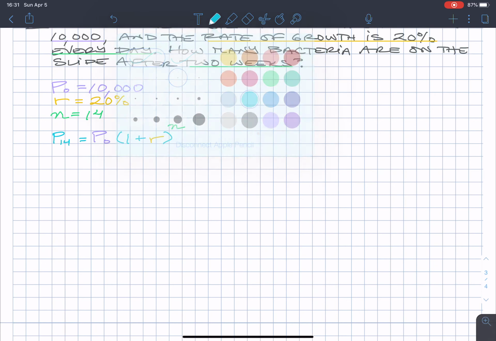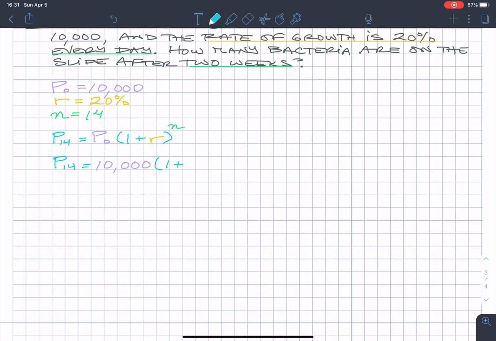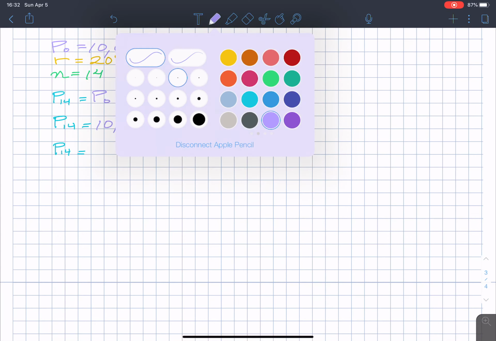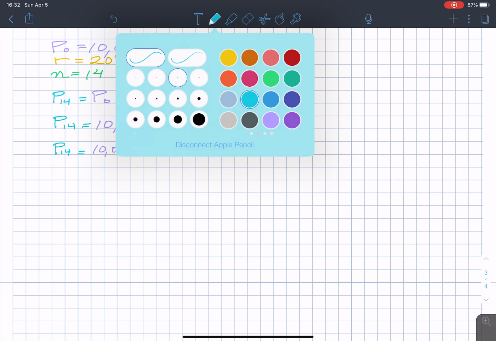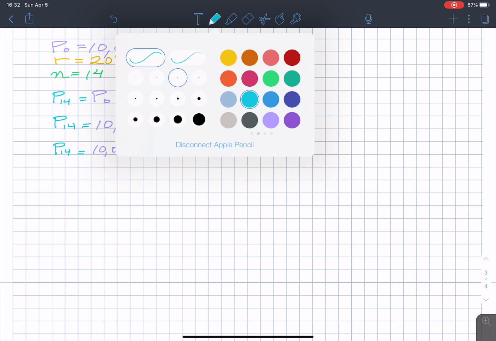So P sub 14 for us will be 10,000 times a quantity, 1 plus 20% as a decimal, 0.2, raised to the 14. So P sub 14 will be 10,000 times 1.2 raised to the 14.